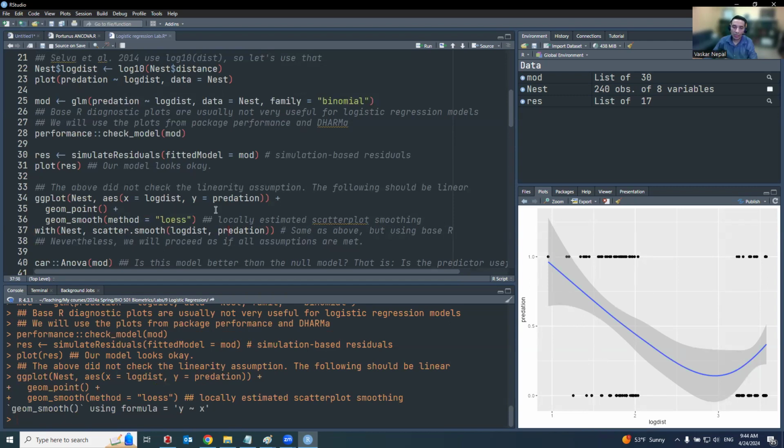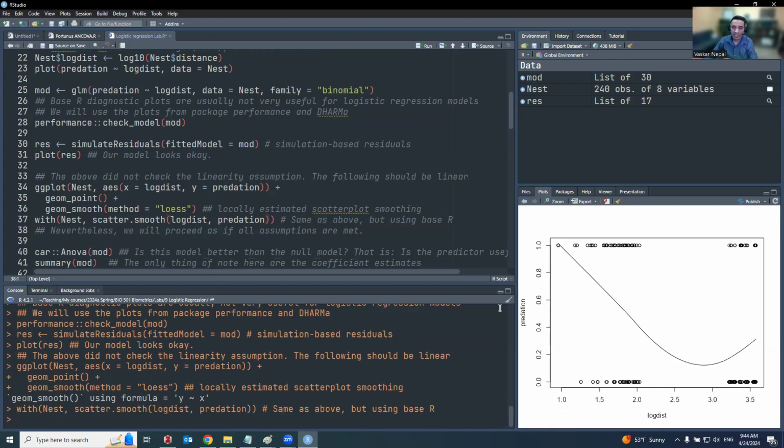We can also create this plot using one line in base R, and for that we use the scatter.smooth function, which is what we have seen before in multiple linear regression. So we can create it like this. And this does not give you the 95% confidence band, but the line is pretty much exactly the same.